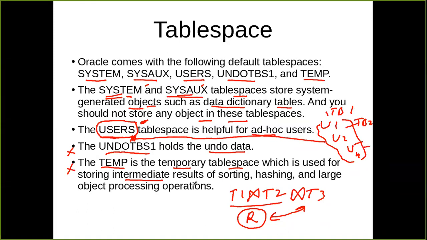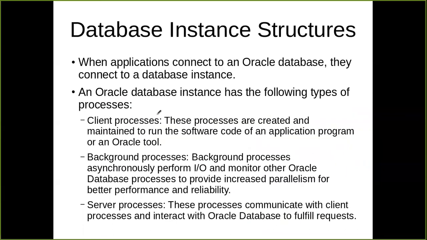Then, coming to the instance structure. As we have already discussed, the database is divided into two parts: one is the database, another is the database instance. The database is further divided into four parts that we have already covered: extent, block, segment, and table space.